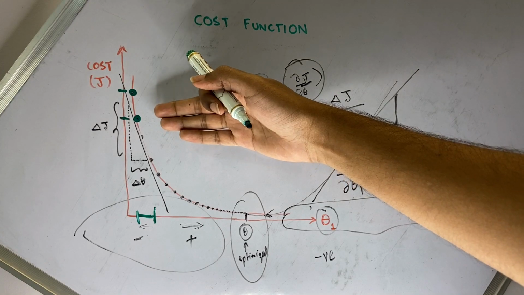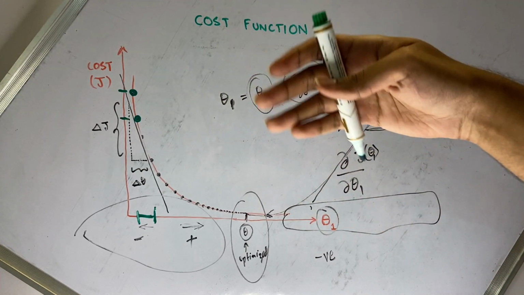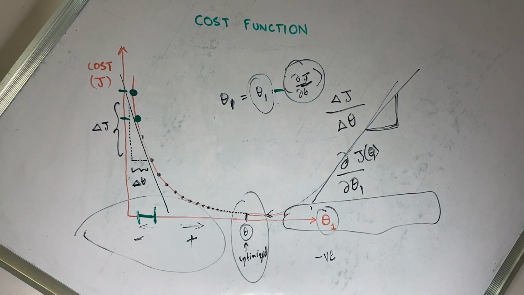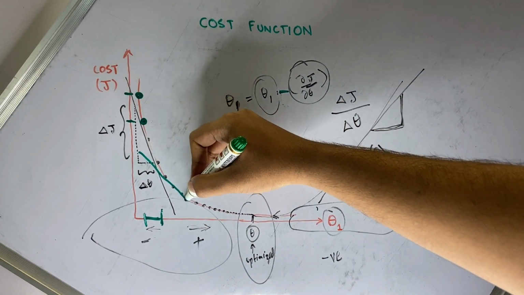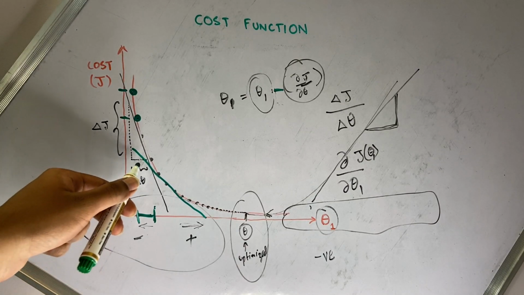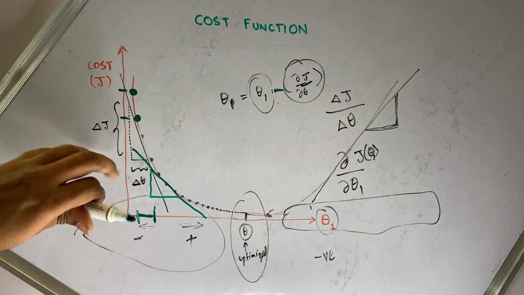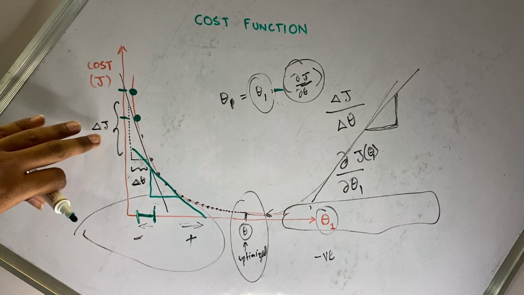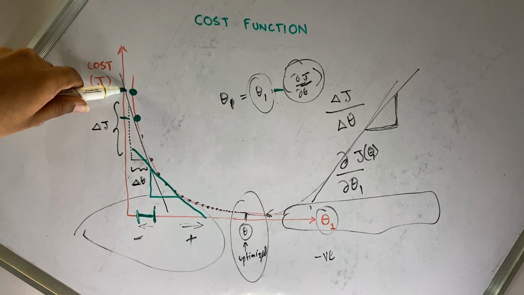As you compute the cost and reduce the theta over a number of iterations, you need to take smaller steps as the slope decreases. If you say this is the slope, the amount of change in the cost compared to the change in theta will be lesser compared to the change when the slope was greater, that is at this point.